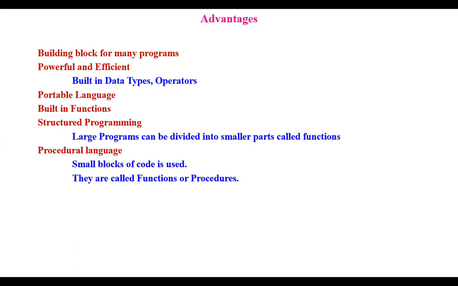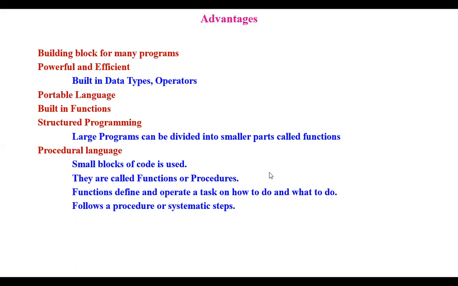These functions can be repeatedly used whenever required. Functions define and operate a task on how to do and what to do. Wherever you require that function, it can be utilized. It follows a particular procedure or systematic steps. That's why you call it a procedural language.